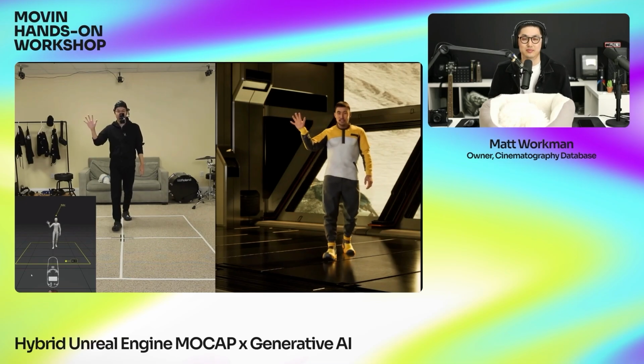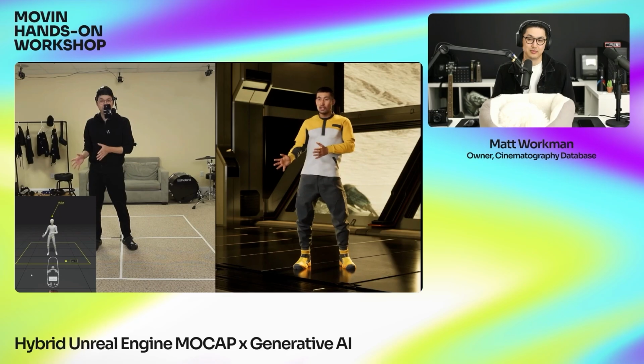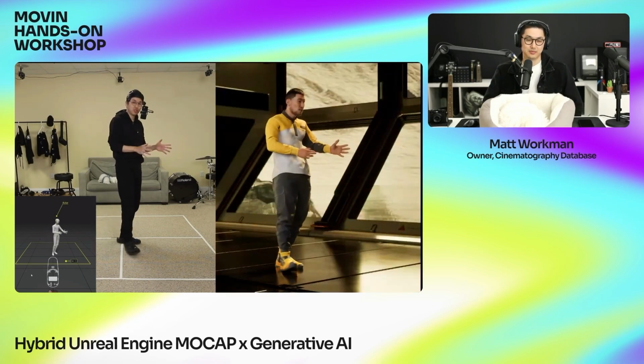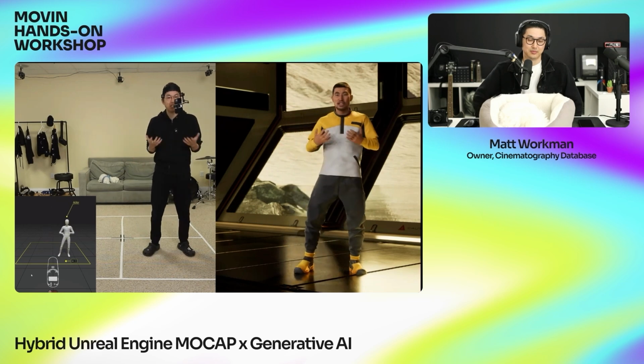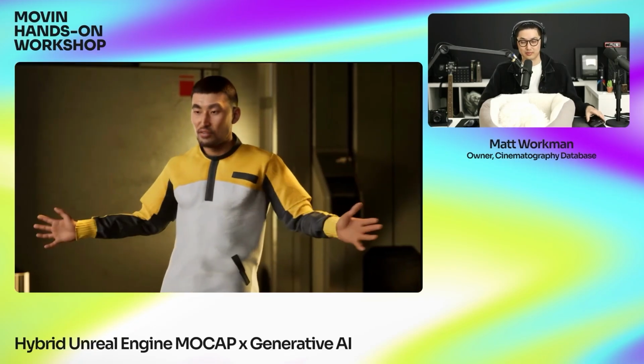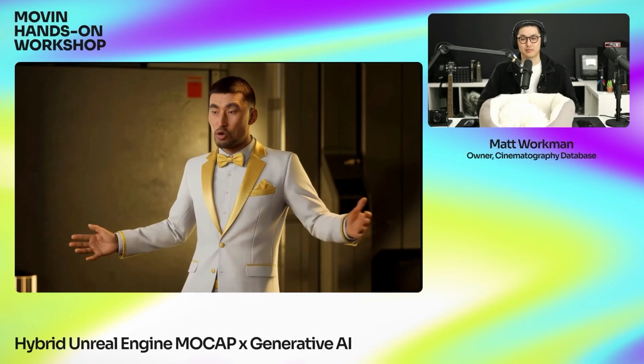Hey, what's up? Today we're going to look at combining traditional 3D motion capture with generative AI. With motion capture, we can capture the actor's performance accurately and even tweak it using animation tools. From there, with generative AI, we're going to be able to quickly change to different outfits, like a spacesuit, a tuxedo, or whatever we want.